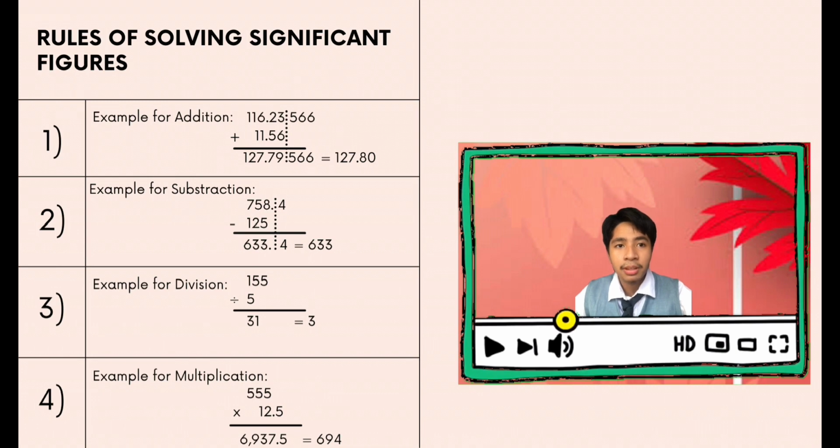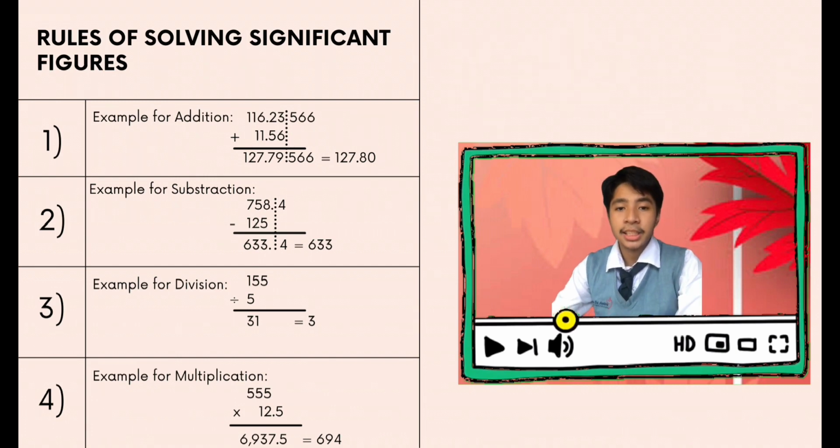We have here 11.56, and the least decimal places is 2 decimal places. So in order to get the answer, we need to cut off the other digits such as the 566 and round up the last digit. So we will have an answer of 127.80.